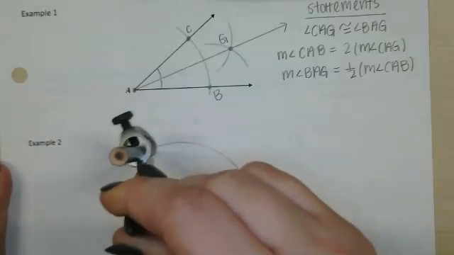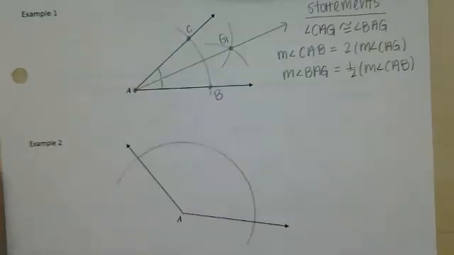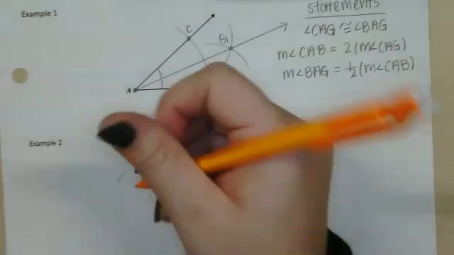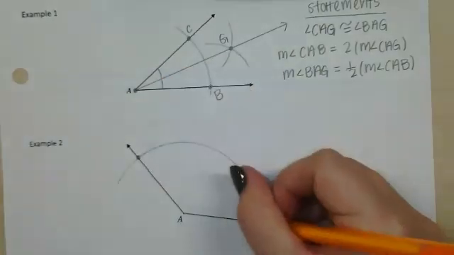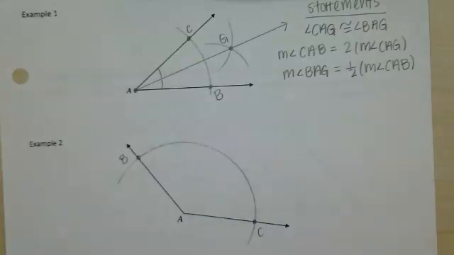So it's got to come all the way up here. It looks something like this. Once you've created an arc that crosses both lines, now you have these two intersection points here and here that we'll call B and C.